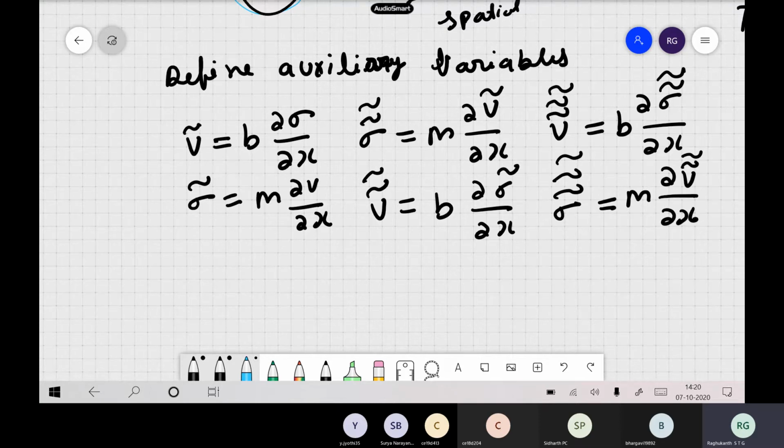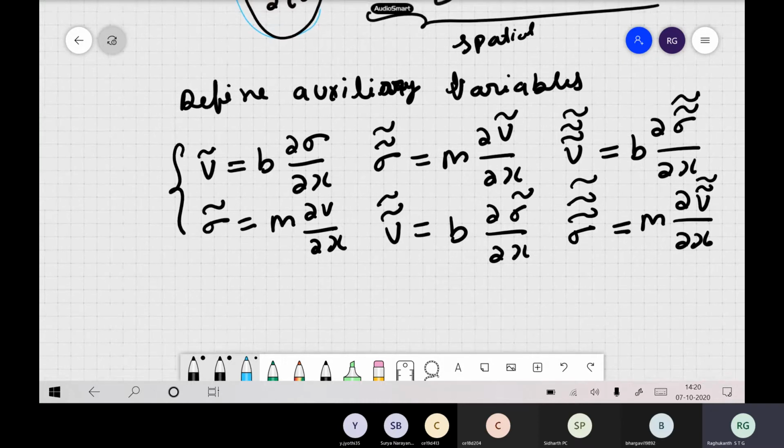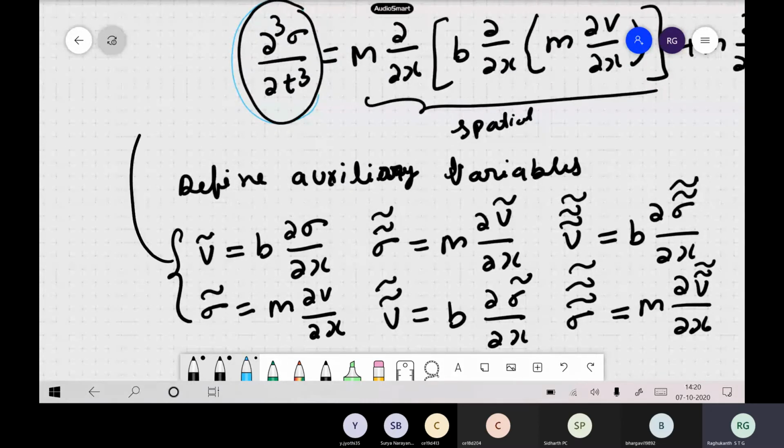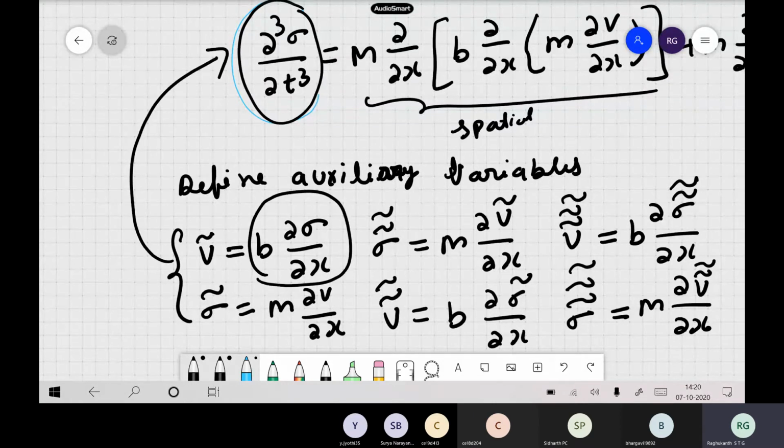So if you define these auxiliary variables, you substitute them in the above equations. Wherever you see b ∂σ/∂x, you substitute v tilde.